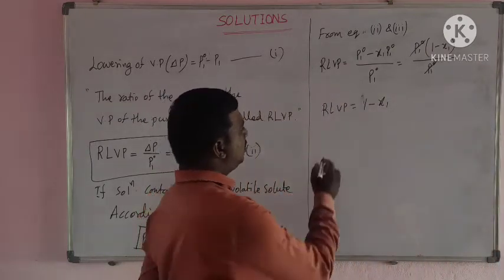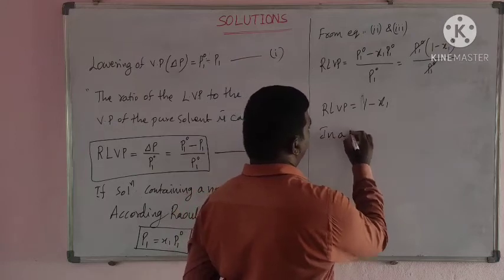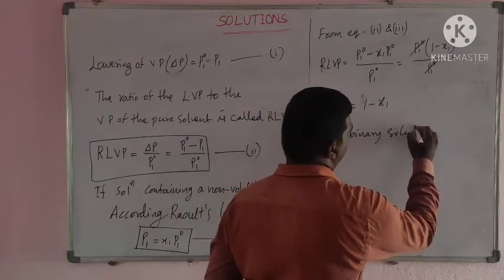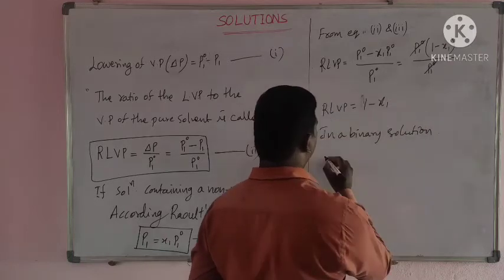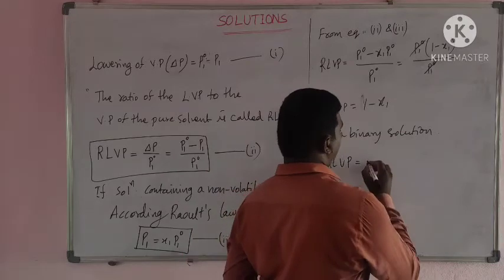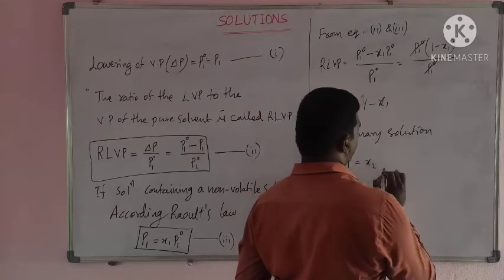In a binary solution, RLVP is equals x2.